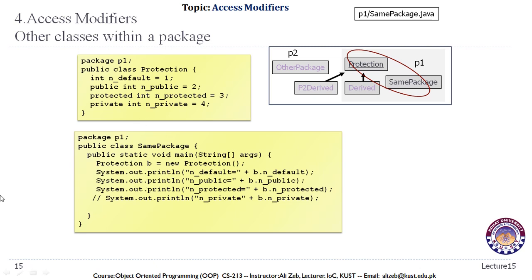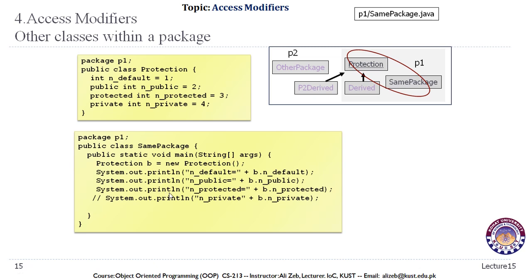Now within the same package, of course, we can have an object of the protection class. We have been doing this without deriving from the class. We have been able to access or create an object for the class in another class within the same package.